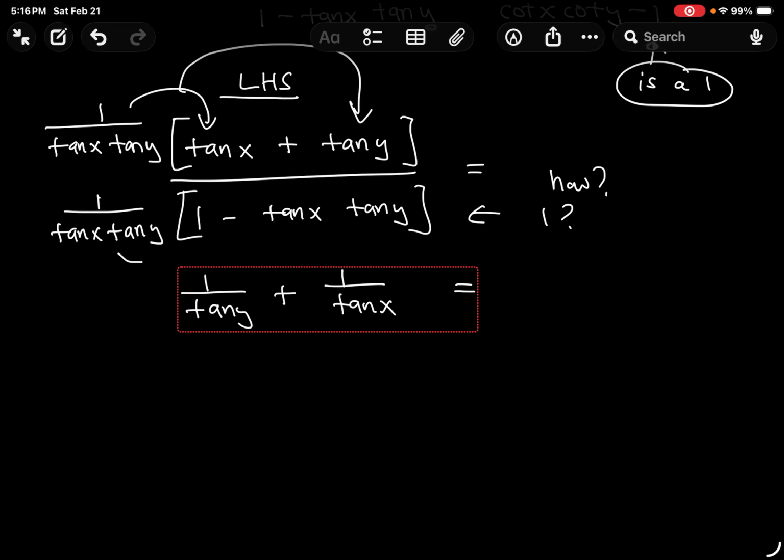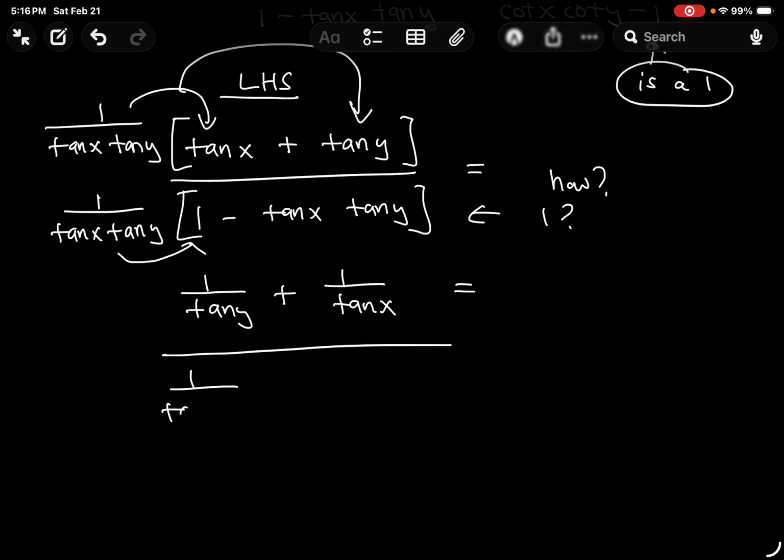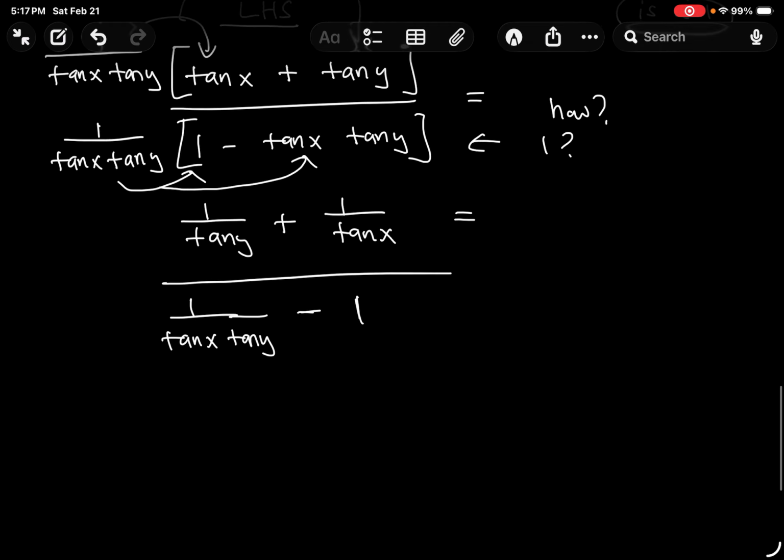And then so forth, distribute over here. You have a 1 over tan x tan y, right? And then this was our guiding step right here. When I distribute this into this, I'm going to get tan x tan y over tan x tan y, which is essentially 1, okay? So from here, you can simplify in just one more line of work.